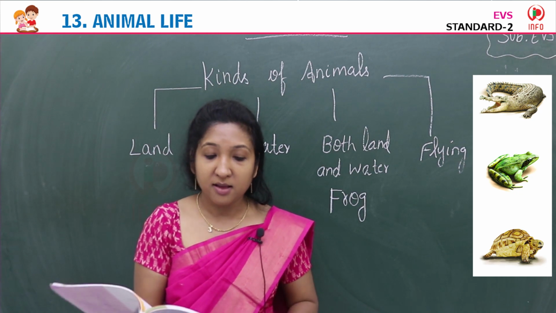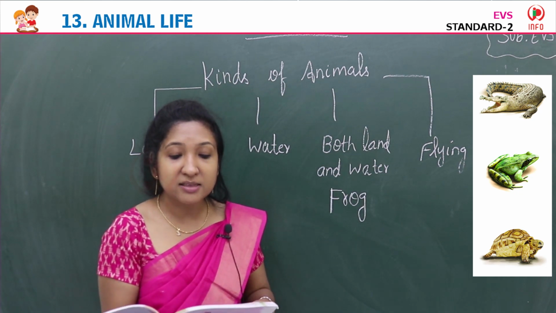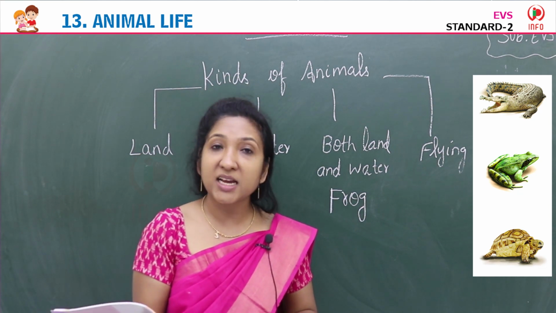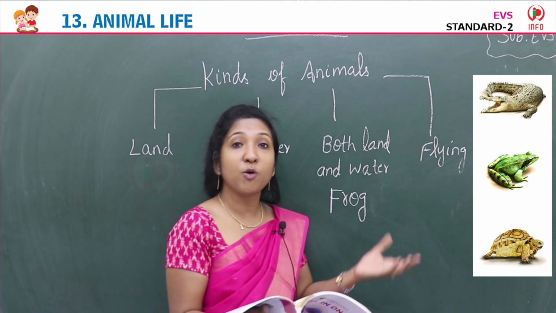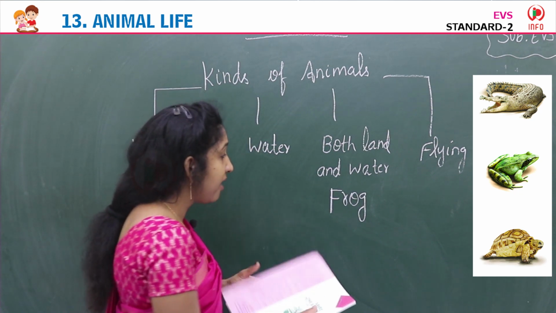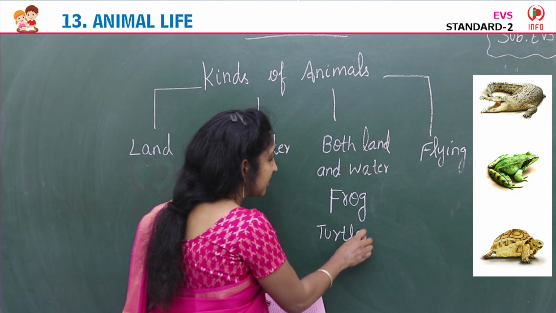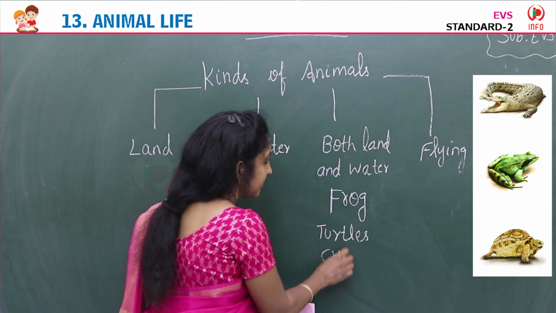Other animals like turtles, crocodiles, etc. can also live both on land and in water. The other animals that live both on land and in water are turtles, then crocodiles.